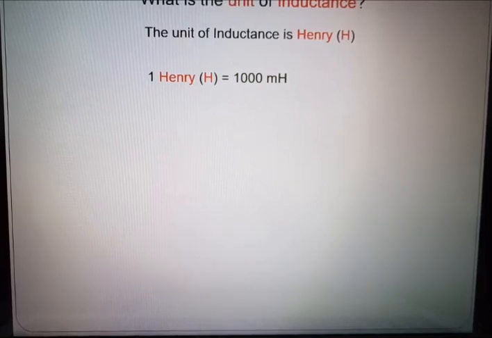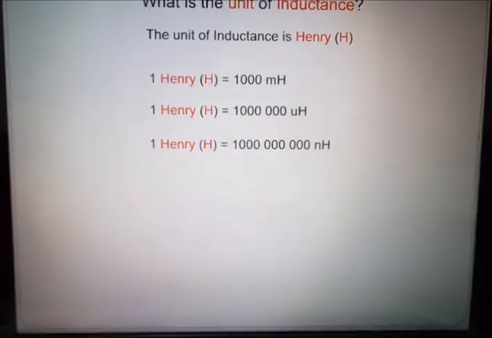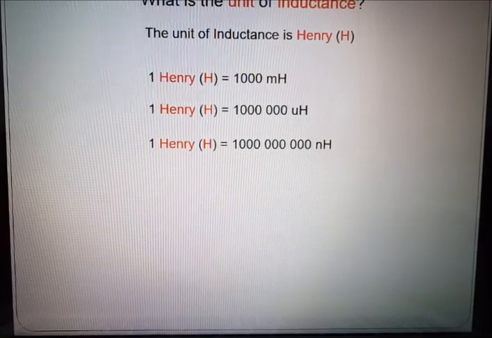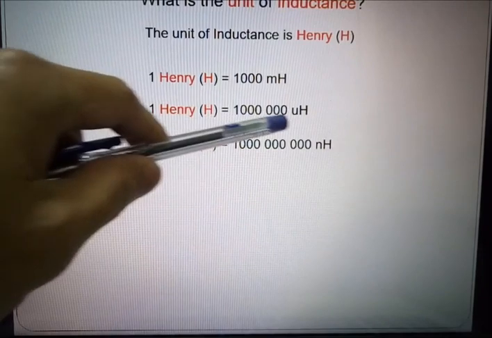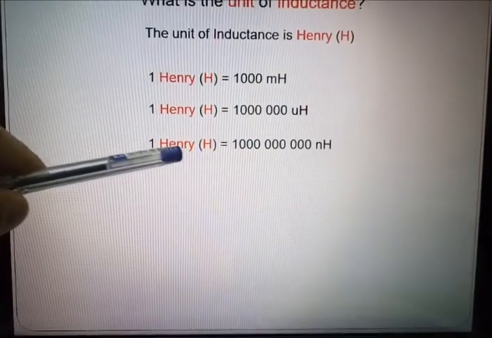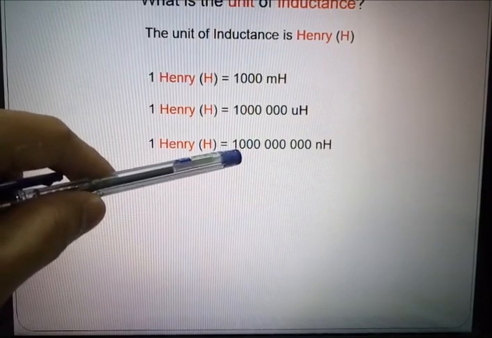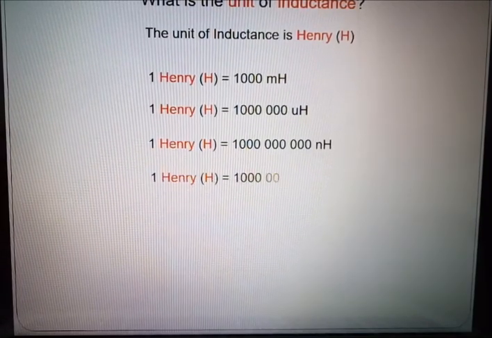Now we have a conversion of 1 Henry, which is equal to 1000 millihenry. Another one, 1 Henry is also equivalent to 1 million microhenry. And then another one, 1 Henry is equal to 1 billion nanohenry.